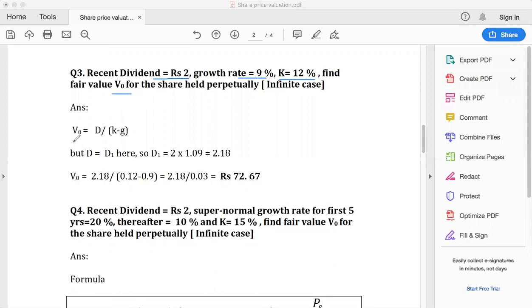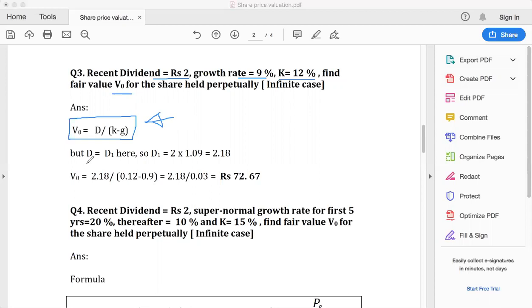Now, the formula is even simpler here. The present value of this stock, because there is no capital gain. I'm not going to sell it at any point of time. So whatever V0 is going to be, this is going to be the value of your dividend cash flows, which you are going to get till t is equal to infinity. Which dividend actually grows further?